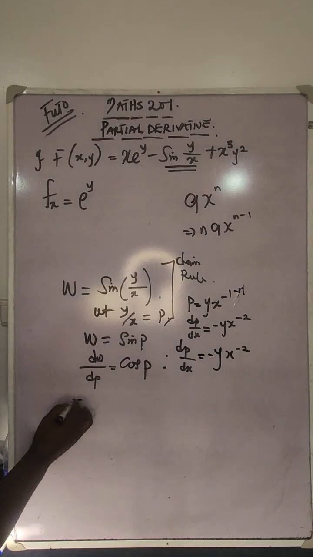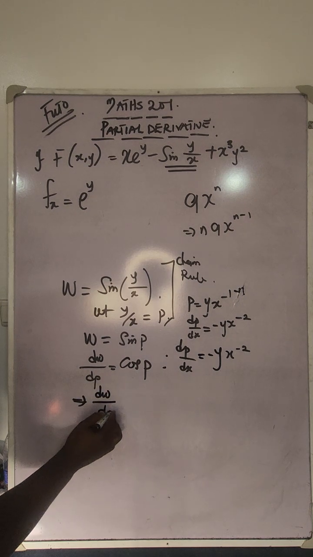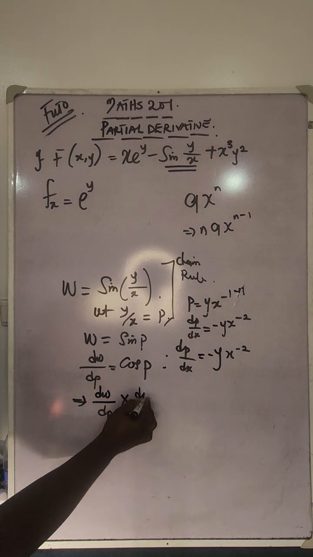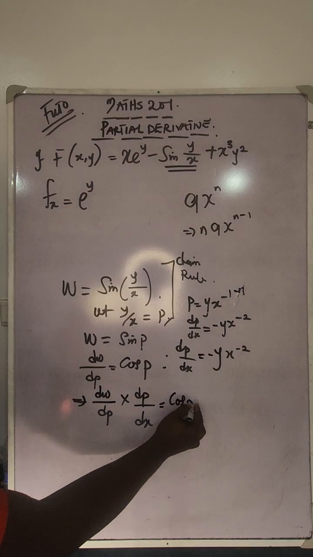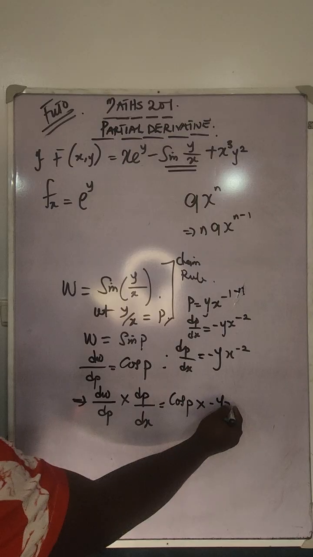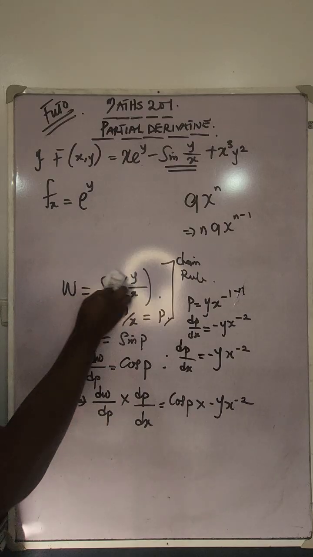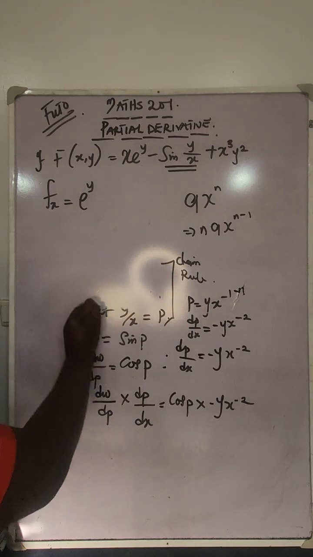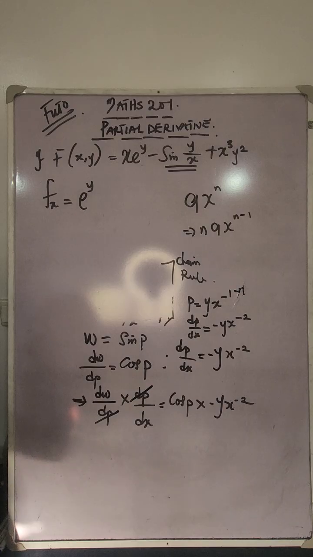And so we now say that dw/dp should be multiplied by dp/dx. So we say cos p should multiply minus yx to the power of minus 2, right? So this is cancelling out, yeah?